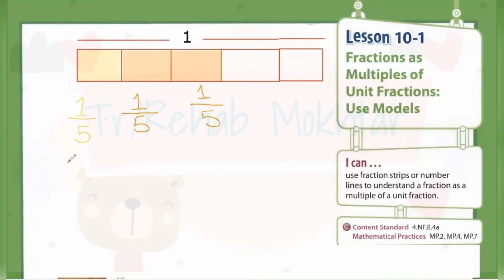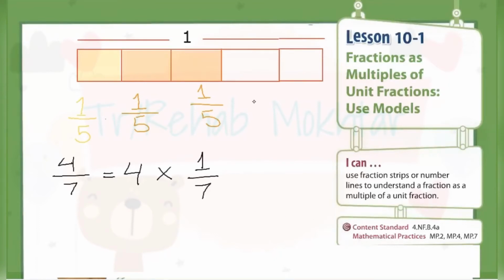If I have a fraction like 4 out of 7, how can I write this fraction as a multiple of unit fraction? I will take the numerator, 4, and multiply by the unit fraction, 1 out of the same denominator, 7. It will be 4 times 1 out of 7.